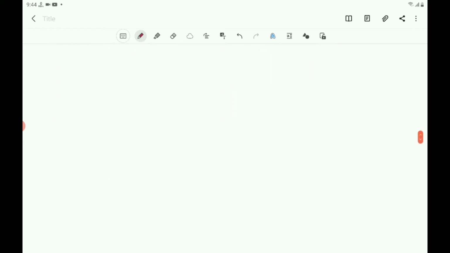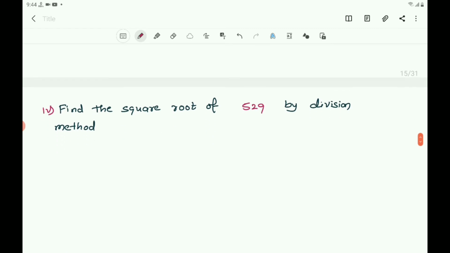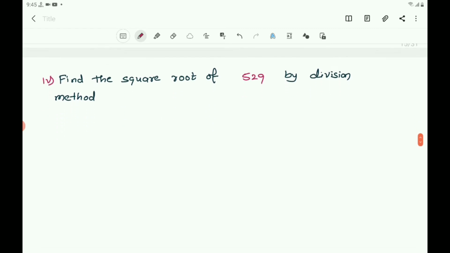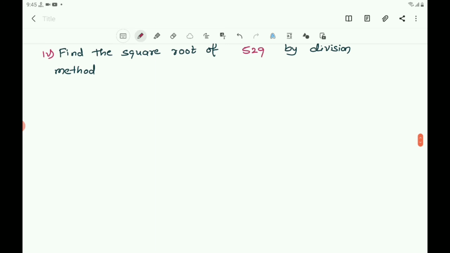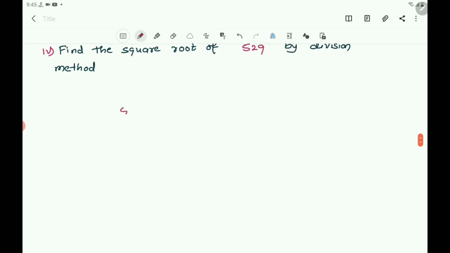Next one you take, that is the fourth one. Find the square root of 529 by division method. Take that number 529. Only 3 digits are there. Its square root must have 2 digits.